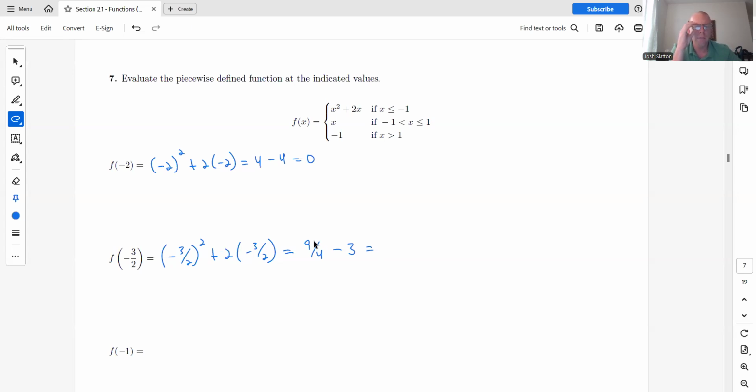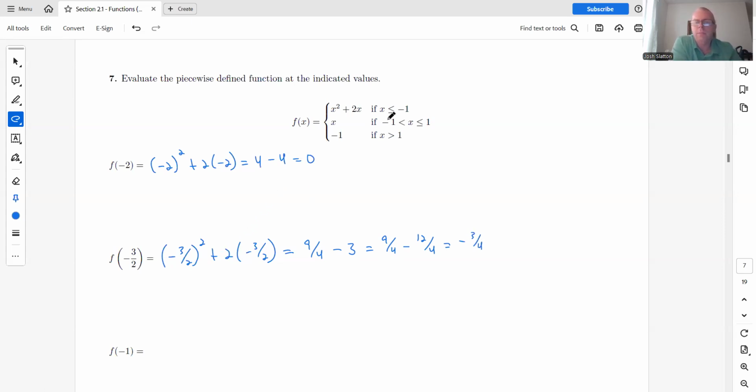And then 9/4 minus 3, we can find a common denominator. If we make the common denominator 4, 3 would be 12 over 4. So 9/4 minus 12/4 would be negative 3/4.